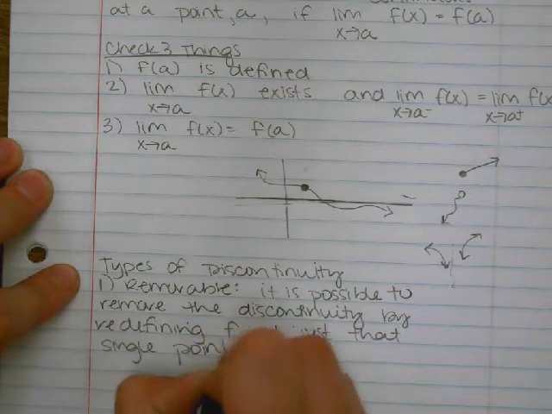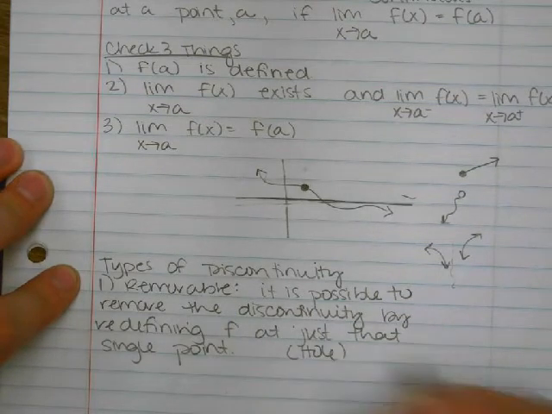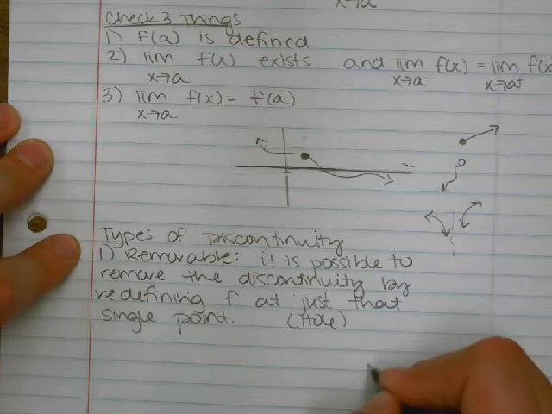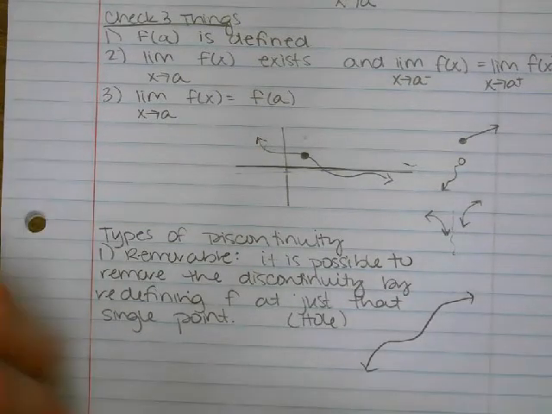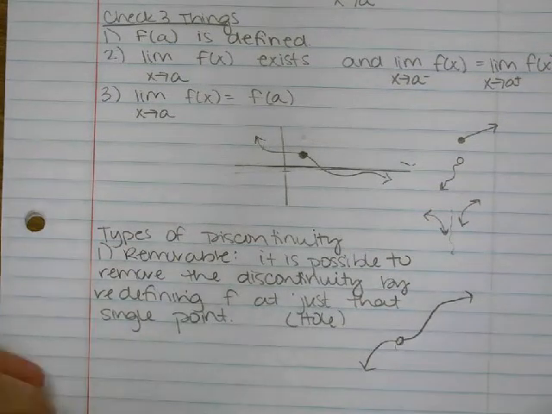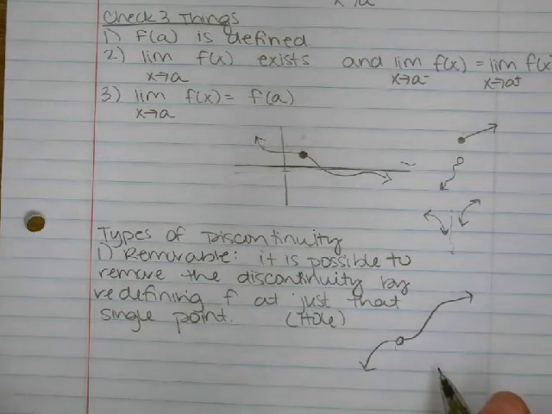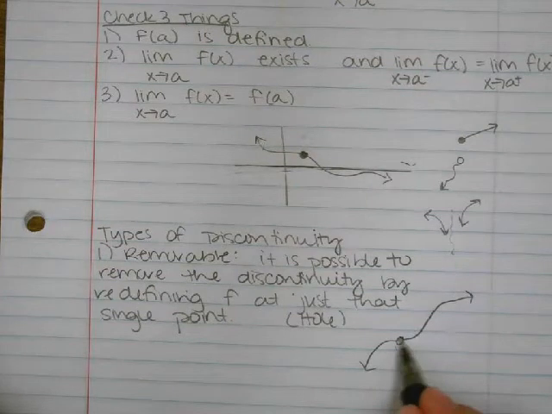So basically they're talking about a hole. And they're saying that a hole is a removable discontinuity because let's say I have an equation that gives me a graph like this where there's a hole. Well, I could write a piecewise function instead and keep this as one part of the piecewise function and then have the second piece go in and fill in that hole.